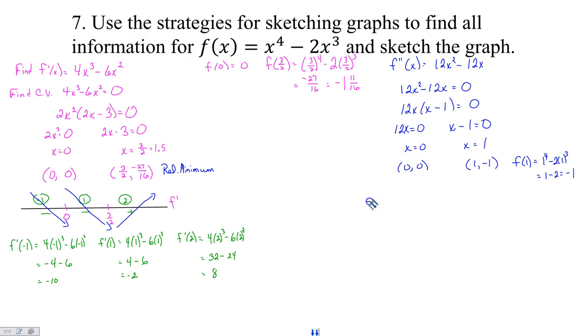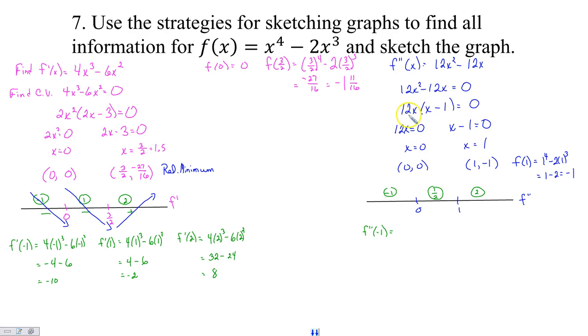So now I'm going to put these two critical values, the x values, on my second derivative number line. So second derivative number line, my 0 and the 1, and I'm going to select some test points on each of these intervals. So let's go with negative 1, positive 1/2, I know you don't like fractions, and maybe positive 2, and these are all going to go into the second derivative, and let's evaluate the second derivative there.